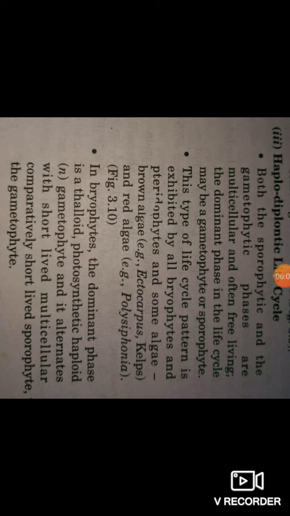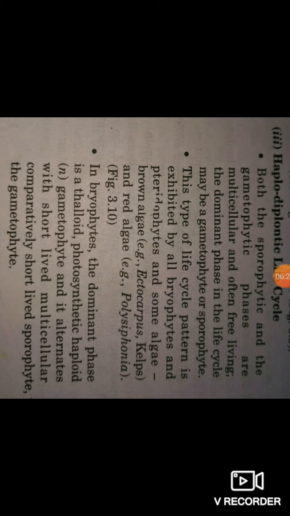In bryophytes, the dominant phase is the thalloid, photosynthetic, haploid gametophyte, and it alternates with a comparatively short-lived multicellular sporophyte, which is totally or partially dependent on the gametophyte.